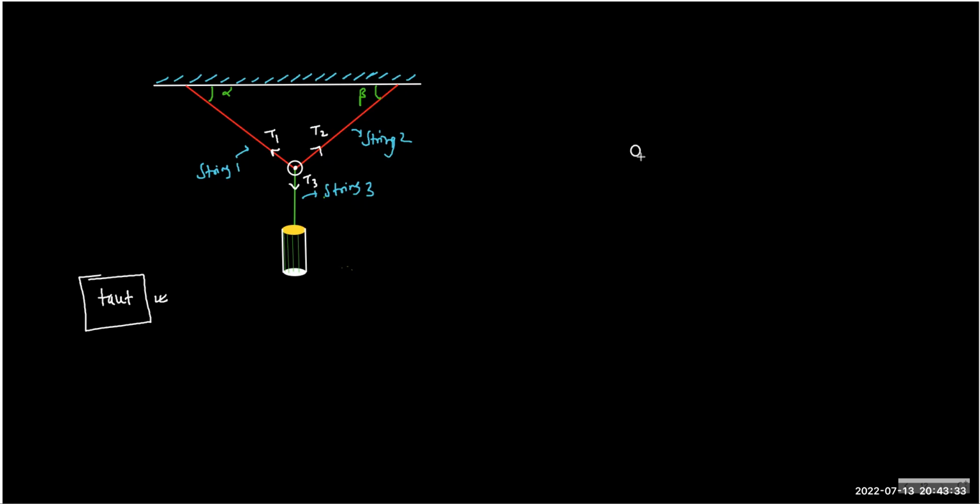So I will draw this diagram separately. And such questions in physics are very common. You know what we call this kind of problem? This is called a knot problem. Oh, I just made this knot. This is called a knot.